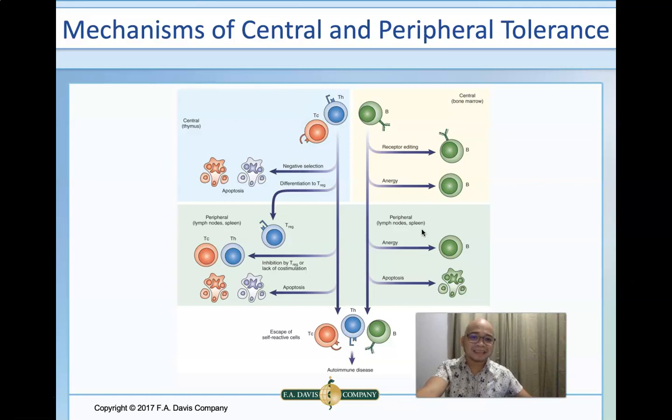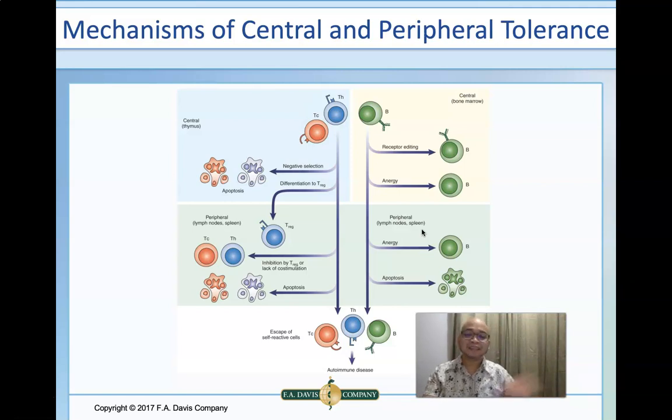On the other side, B cells can undergo anergy, so that they become unresponsive, or they can undergo apoptosis, so that there would be programmed cell death. So as you can see, there are two layers of protective mechanisms preventing autoimmune disease. So the question is, how come there are still individuals who have autoimmune disease?